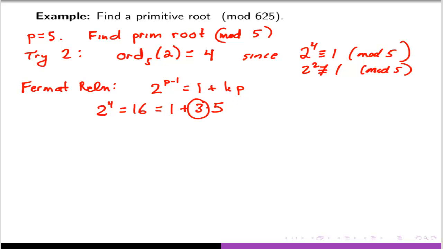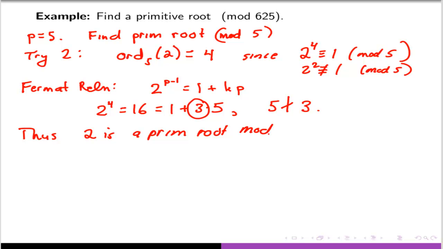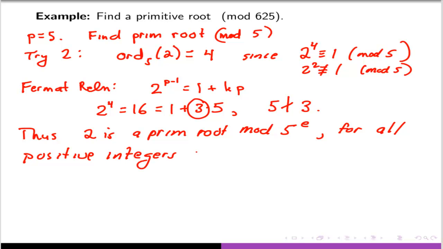And so the k value is 3. And note that 5 is not a divisor of 3. And so by one of the claims we did in the proof, we know, thus, 2 is a primitive root mod 5 to the e for every positive integer. So for all positive integers e.